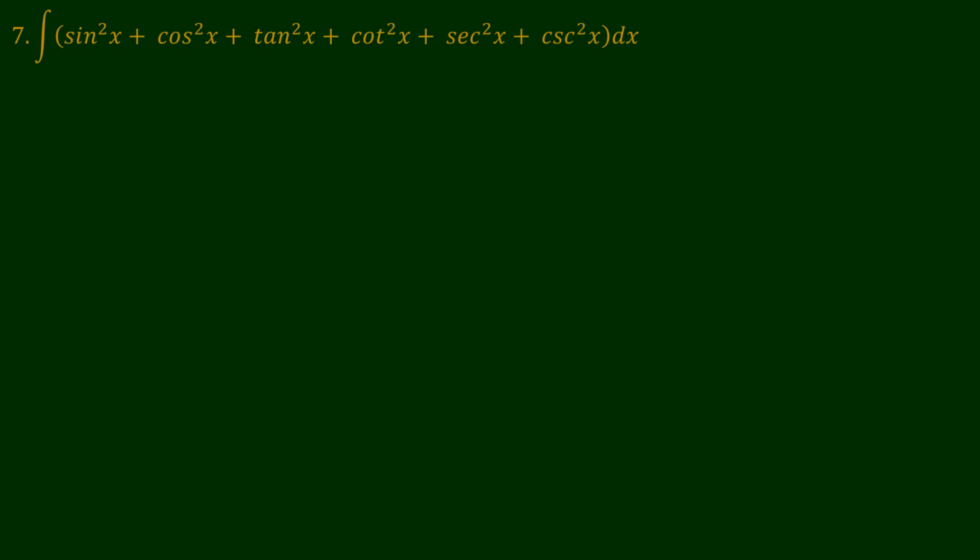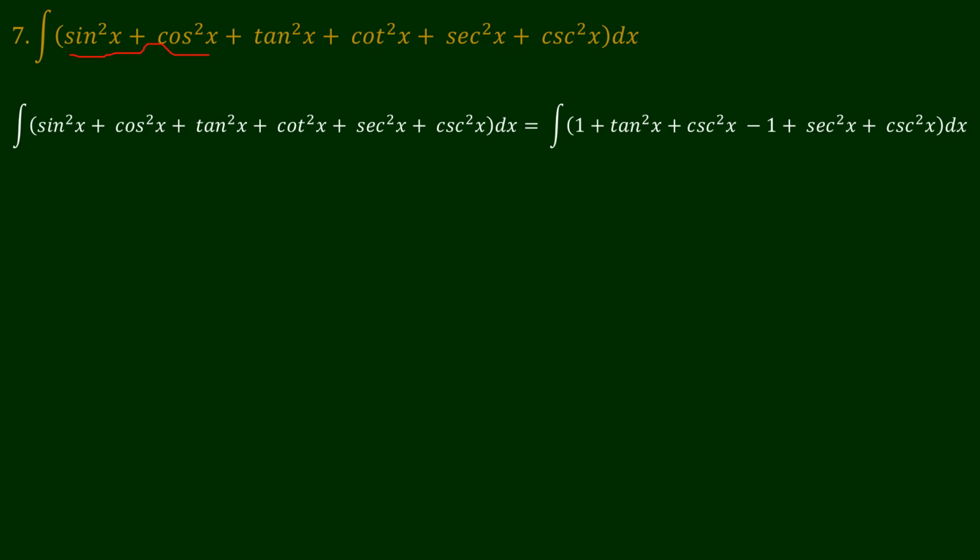Then down to problem 7, the integral of sine squared x plus cosine squared x plus tan squared x plus cotangent squared x plus sec squared x plus cosec squared x. So as you can see already, for those of you who know this identity, these first two terms add up to 1.